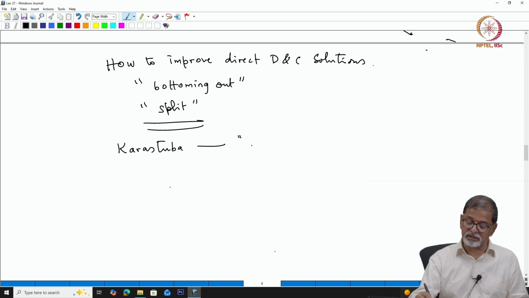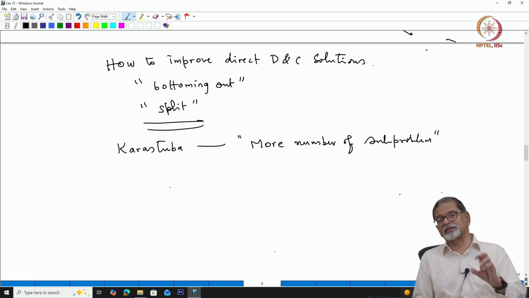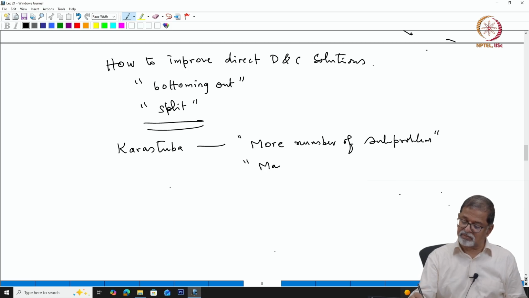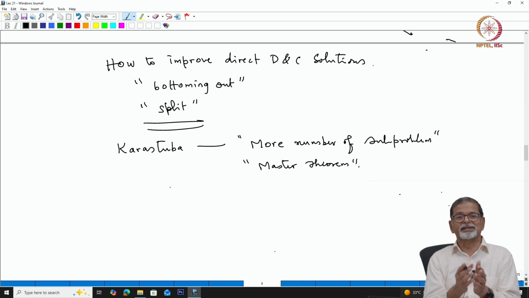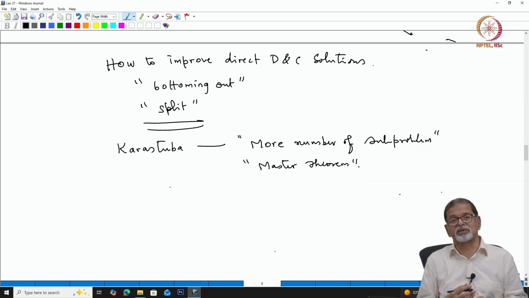How to divide into more numbers of subproblems, that is more than 2, and in that, how do we bring in efficiency? So, this we have done using the master theorem. We have taken help from the master theorem, and we have seen some patterns from it helping us. They are guiding us in identifying the number of subproblems that we may have to use to bring in efficiency. We have learnt a lot of things of that kind through Karatsuba's algorithm.